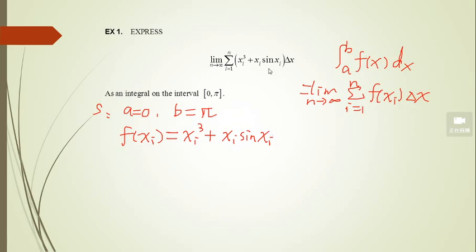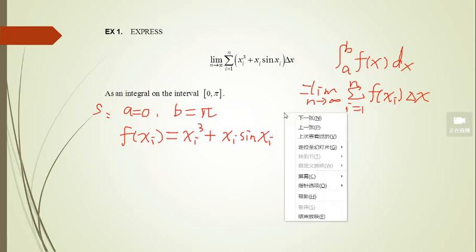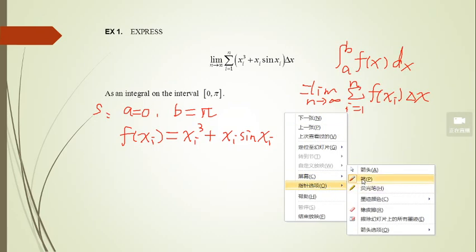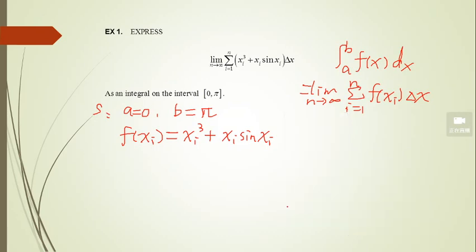If they don't use a star, it means they took the right-hand point. It doesn't matter. So that is f(xi). Then what is my function f(x)? When the independent variable is xi, you get this expression. So when it's x, the function should be x cubed plus x times sine x, right?